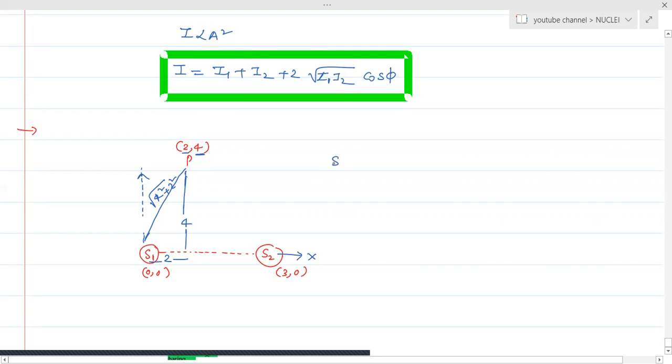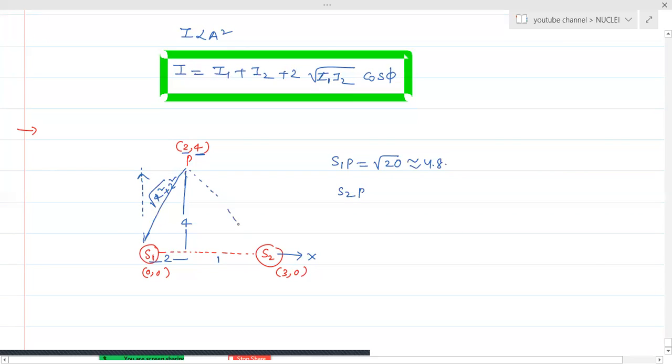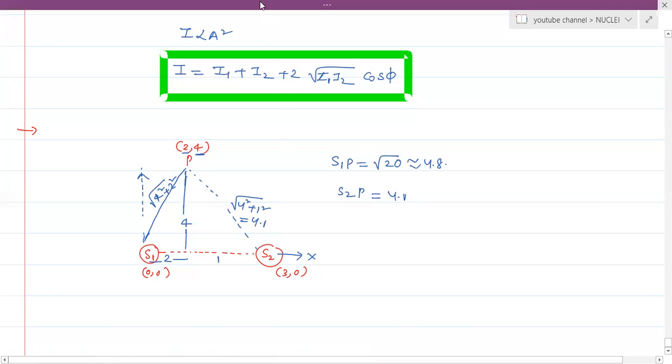So therefore we write S1P equivalent to root 20, which is nearly 4.8. And also we take S2P. This is 1. So according to the Pythagoras theorem, again we get 4 square plus 1 square, so we get 4.1. So S2P is equivalent to 4.1.